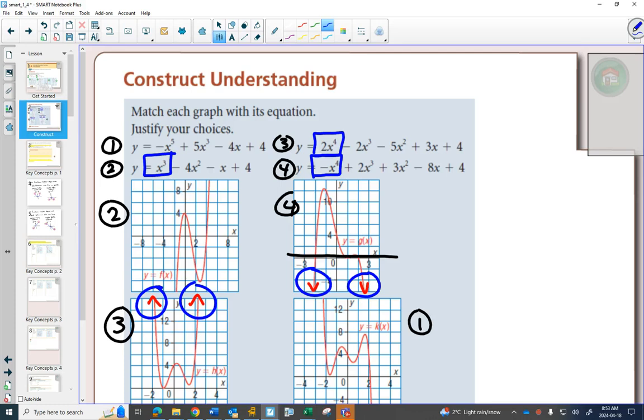That means we need the end behavior to start down there and end up there. If we look at the one that matches up, put the arrowheads on, you see that the arrowhead started in the bottom left and went up to the top right. If you connected those arrowheads with a straight line, you would have a positive slope.